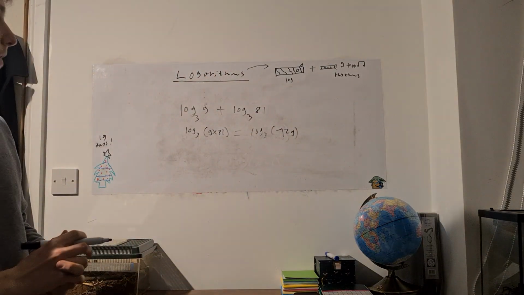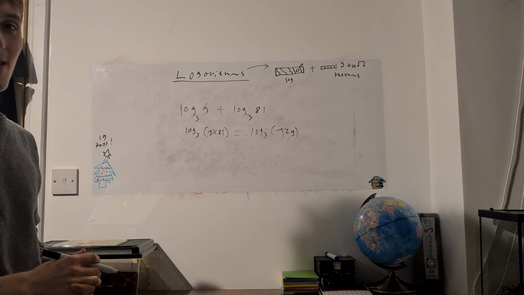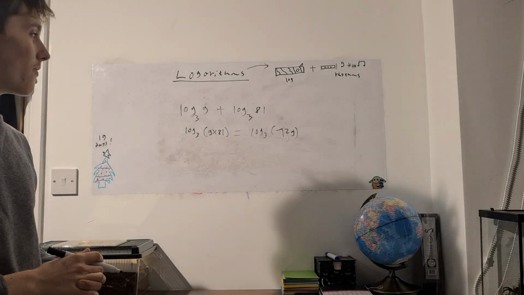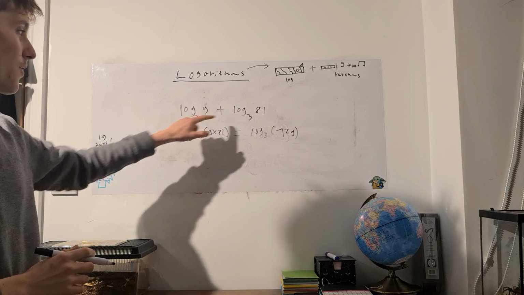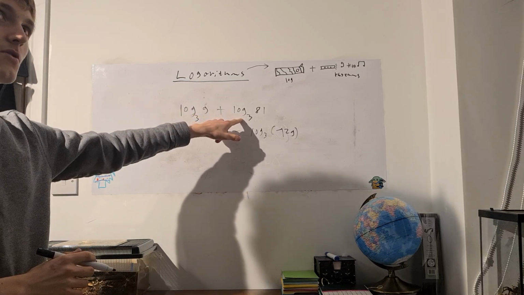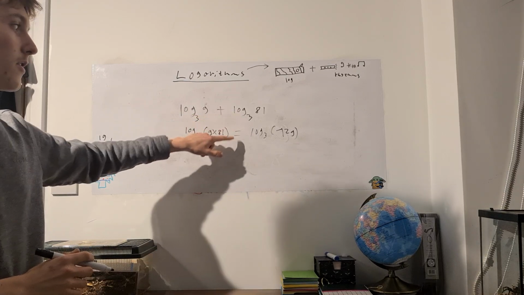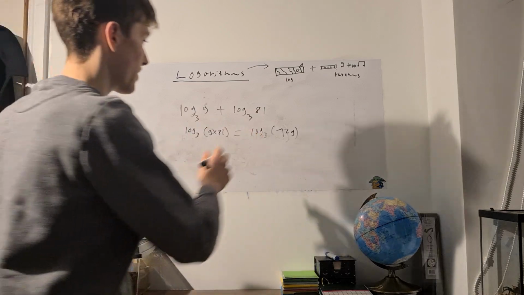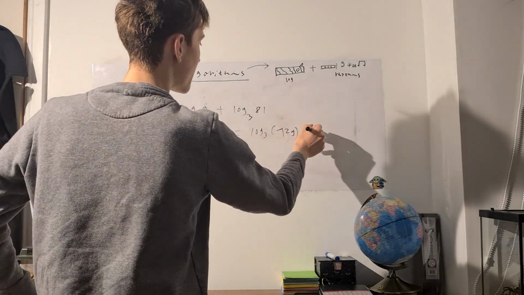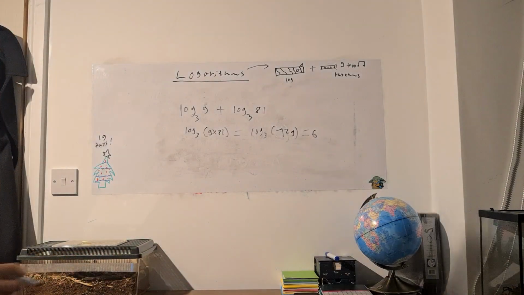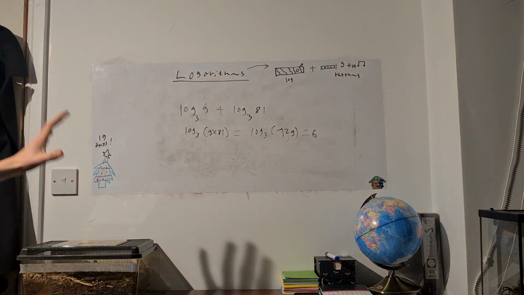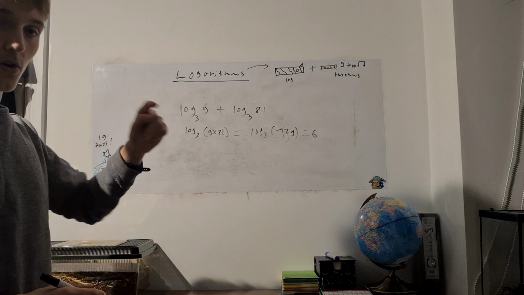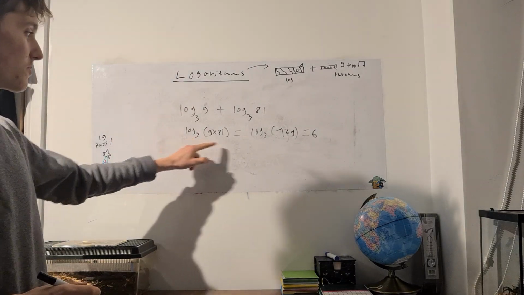And now from this, you could plug that into your calculator, or for me, I'll just say that's 2, that's 4, so that's 6. Log base 3 of 729 equals 6. And this works for any log, but the important thing to note is the base must be the same.